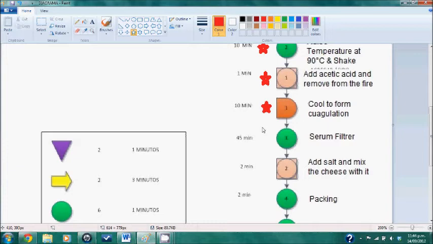Then in this step, when we have already removed the mixture from the fire, the cooling and coagulation is the next step. This consists of leaving the matter to form a consistent mass in which we are going to work.